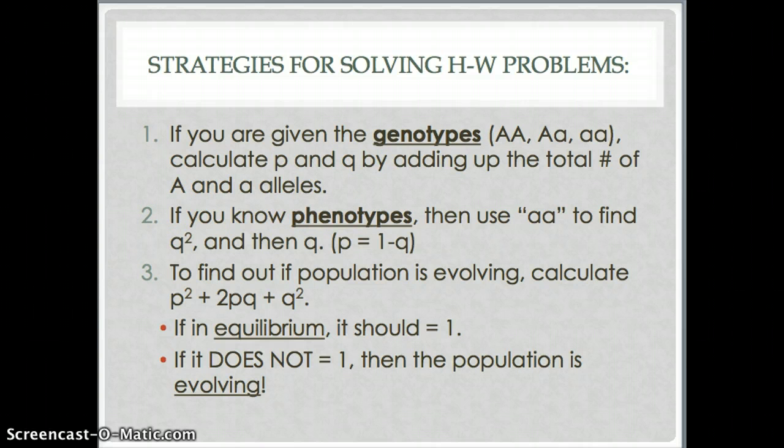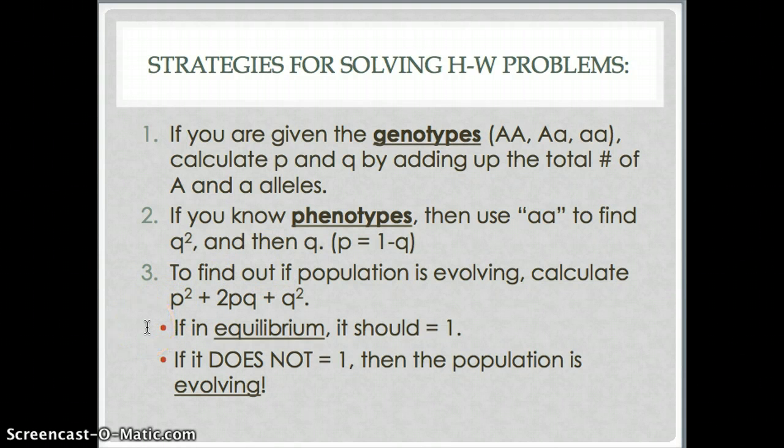Two, if you know the phenotype, then we can use the lowercase aa to find the q squared. And after we find the q squared, then we can find the q. And when we find the q, we will be able to find p using this equation that we have right here. And three, to find out if a population is evolving, we can just calculate p squared plus 2pq plus q squared.